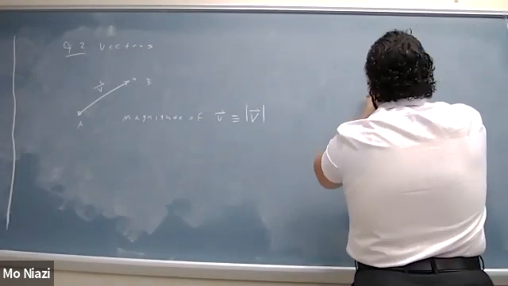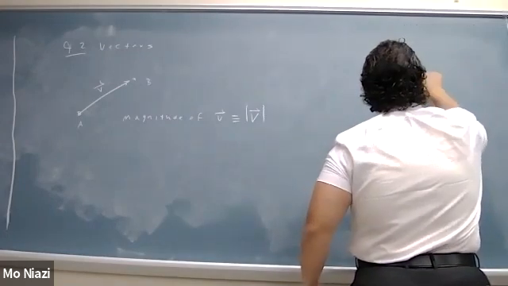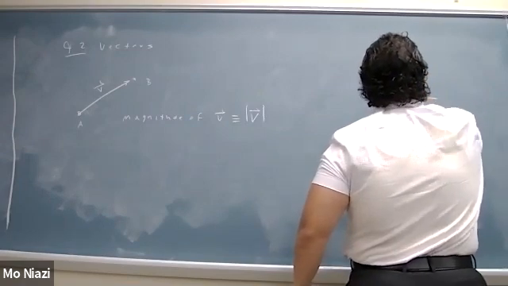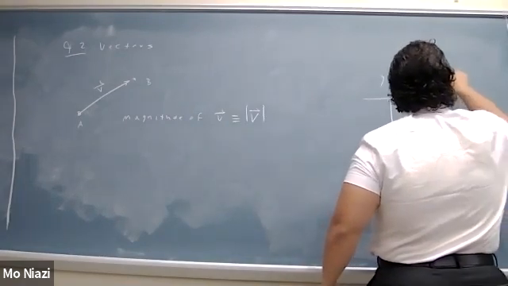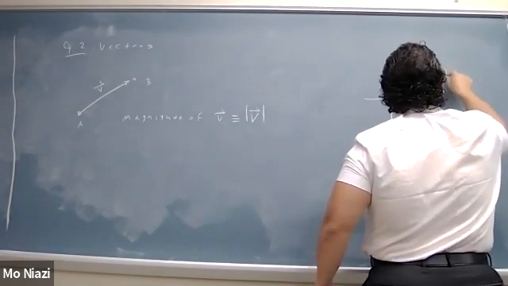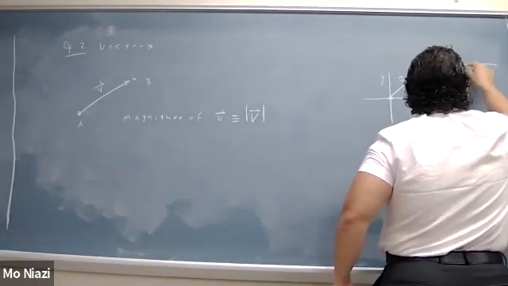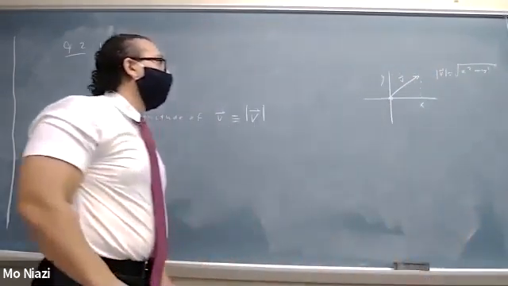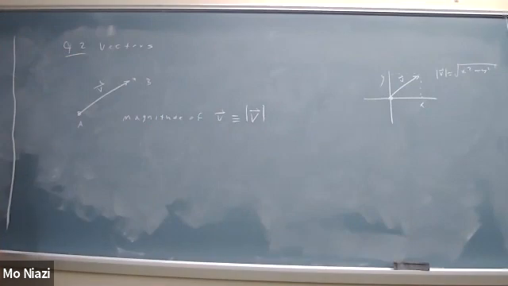So in general, we have a vector emanating out of the origin that values x, y. The magnitude of V is going to equal this. It's just an application of the Pythagorean theorem. So it has a magnitude. So in that sense, it's just like a number.